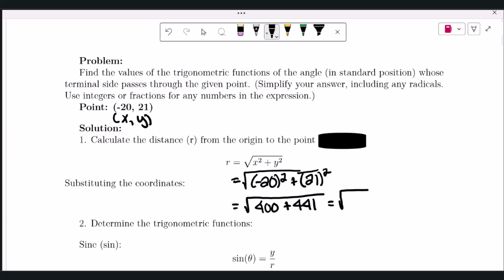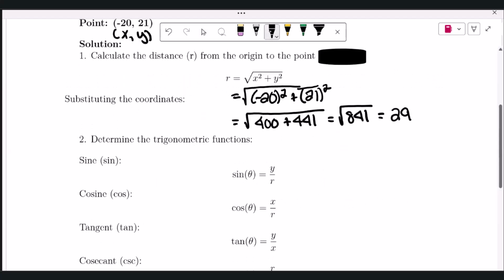When we add those together, we have 841. And when you take the square root of 841, hopefully you get 29. I'm just going to write my ordered pair here because I keep forgetting when I move my slide up here.